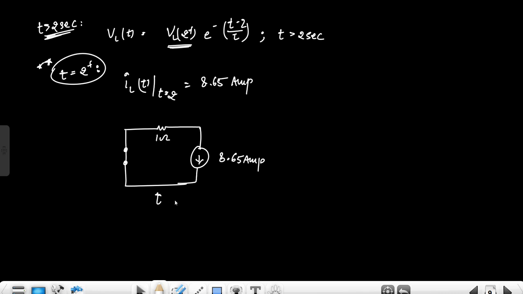So this is the circuit at t equals 2 plus, right.